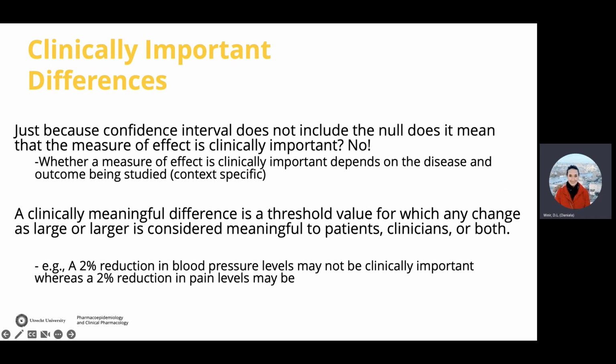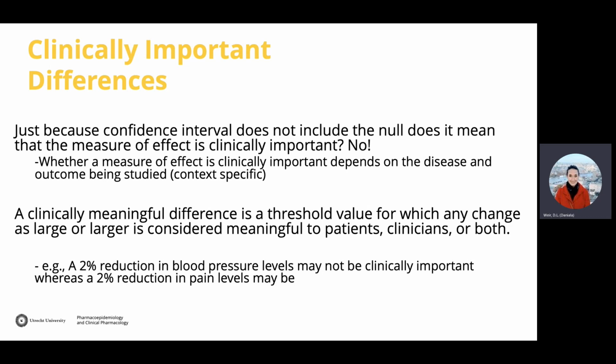But whether or not that 20% increased risk of the outcome is clinically important or clinically meaningful does depend on the disease that you're studying. And typically, a clinically meaningful difference is a threshold value for which any change as large or larger than that value is considered clinically meaningful to patients or clinicians or both.